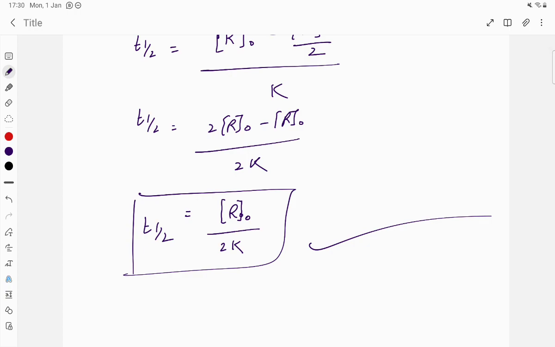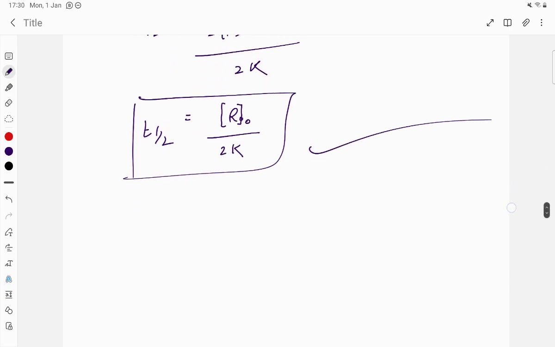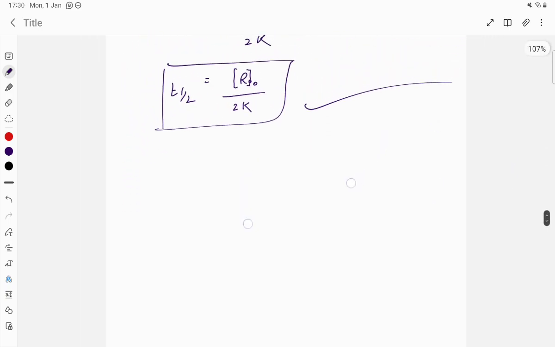Now we need the graph of the zero order reaction.